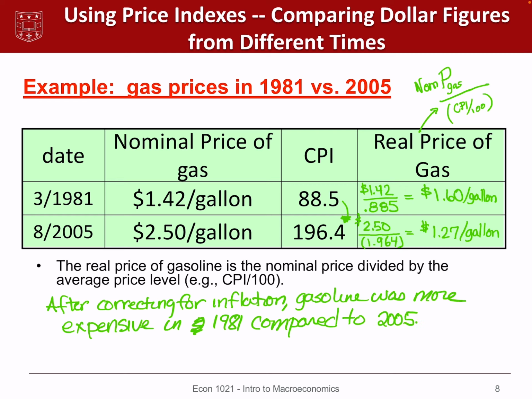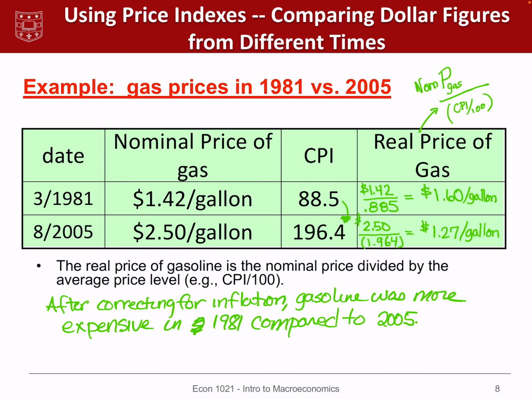So this is one way of getting at this conclusion, is to construct the real price of gasoline. Again, a real anything is going to be the nominal value of that thing divided by the measure of the average price level.